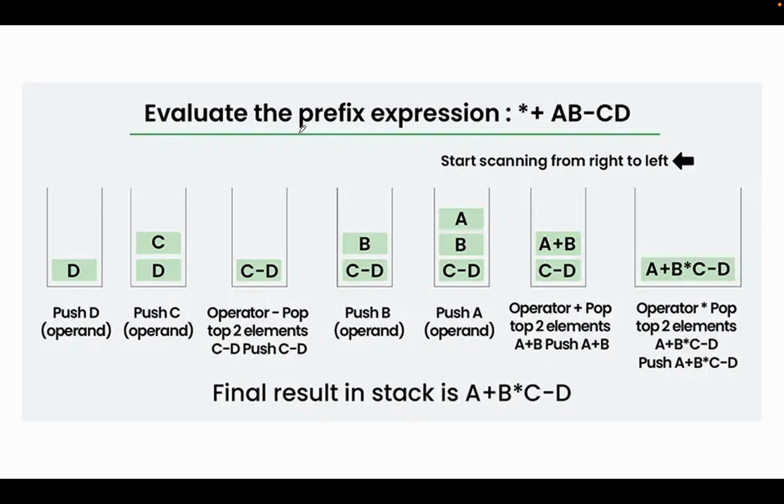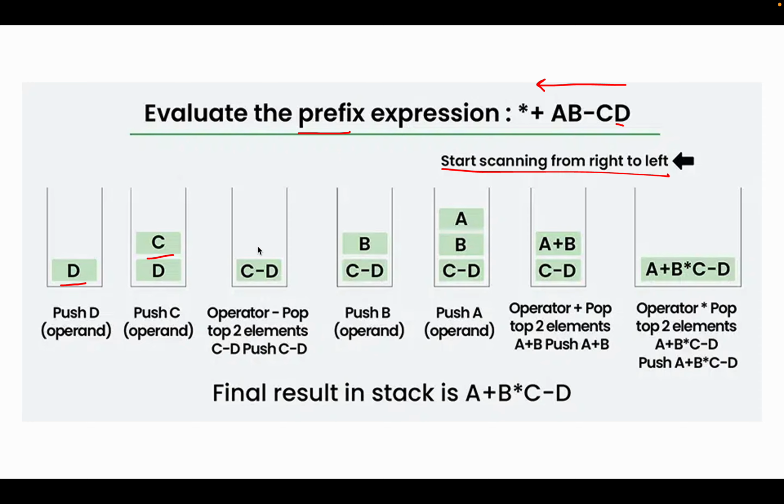Here is how to evaluate the prefix expression. What we're going to do is scan from the right to the left. The rightmost one is D, so we push D in the stack.